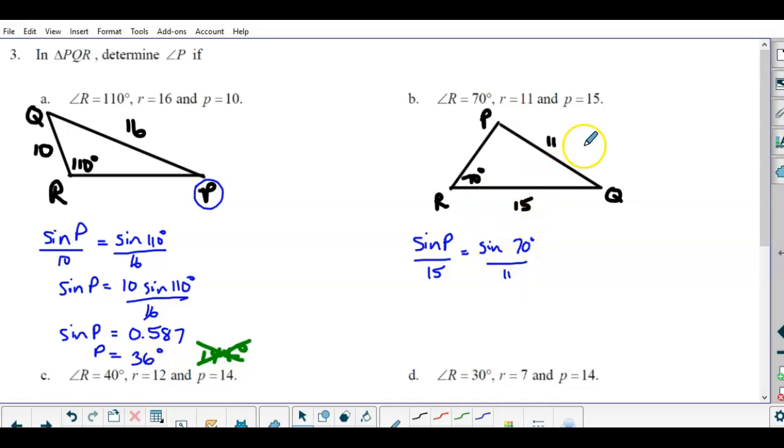So now the angle that I'm looking for is opposite the bigger side than the other one. So that means maybe I could have the ambiguous case, or I could have no possible angle, or I could have one. So basically a few possibilities.